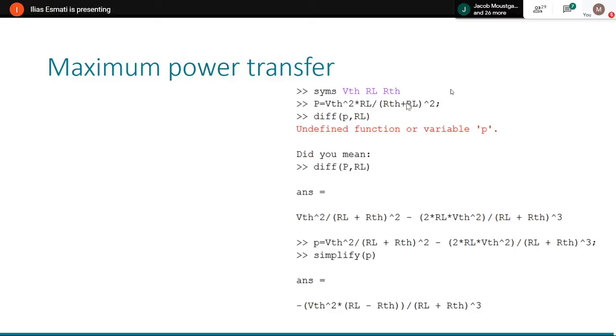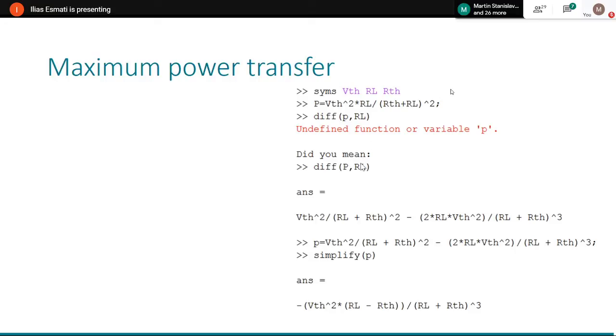Okay, so I write my equation. I want to differentiate P, which is power, and I write a comma, with respect to RL. I want to know the maximum power transfer from the source to the load.